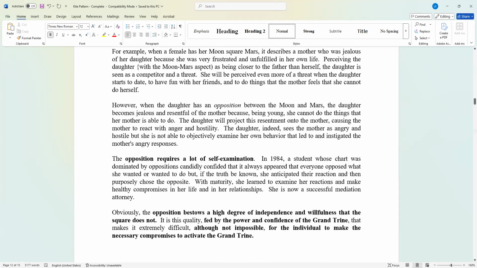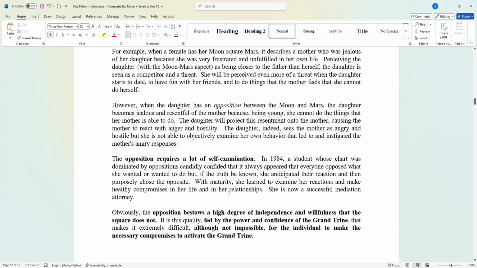Now, this was the woman who told me she became very mature at analyzing her oppositions. She confided that it always appeared that everyone opposed what she wanted to do. She says, but the truth be known, I anticipate their reaction and then purposely choose the opposite. But as she matured, she learned to examine her reactions and make healthy compromises in her life and in her relationships.